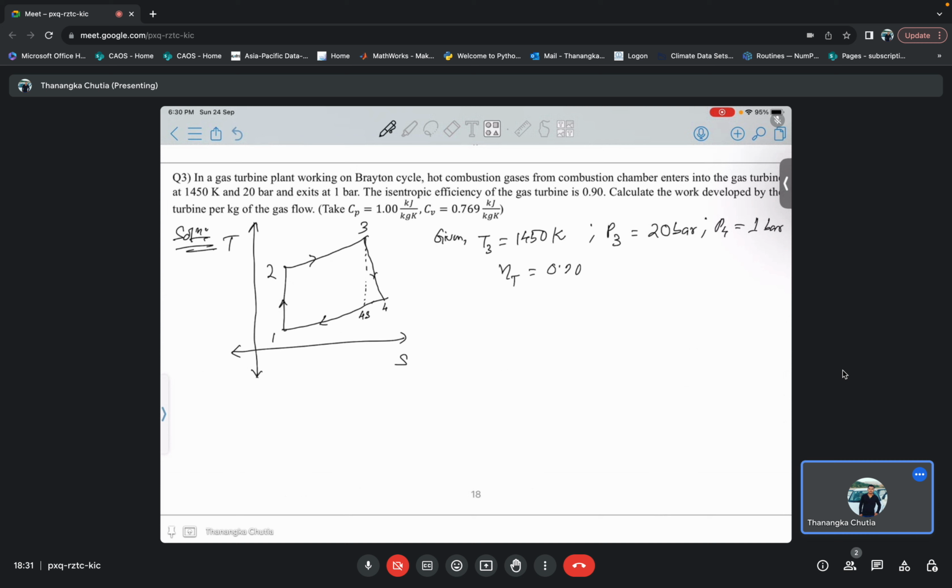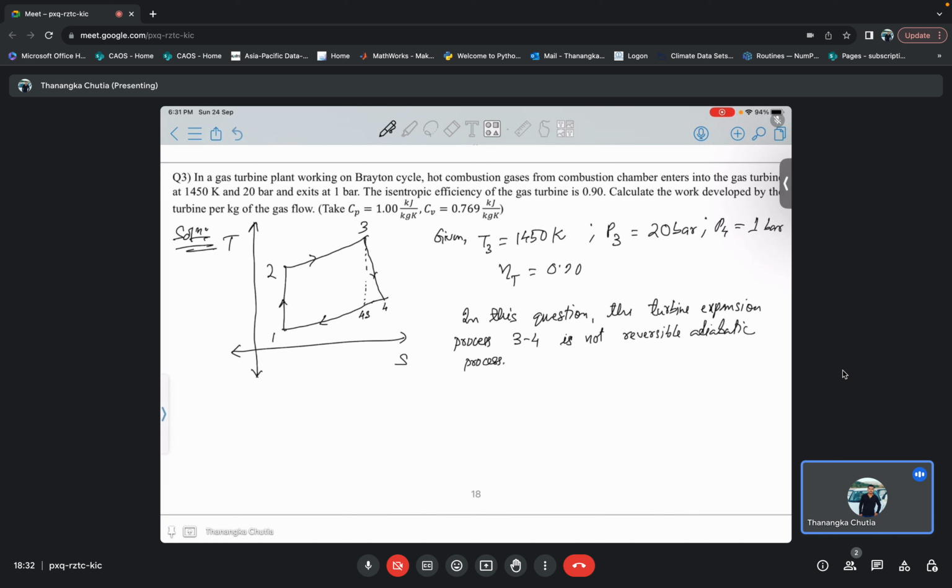So in this question, the turbine expansion process 3 to 4 is not a reversible adiabatic process. So that is the only difference.